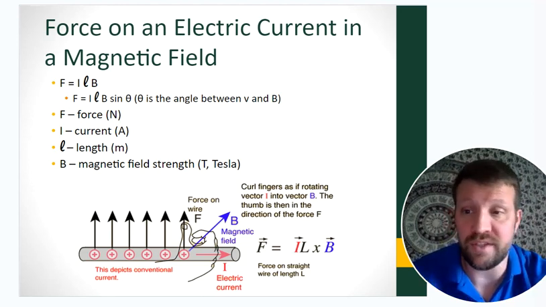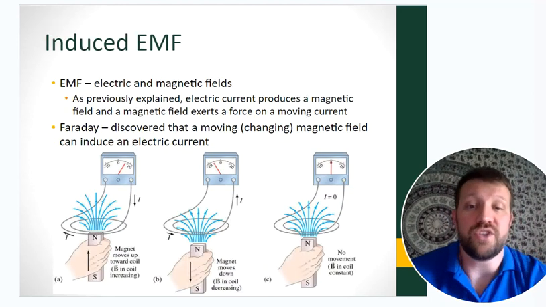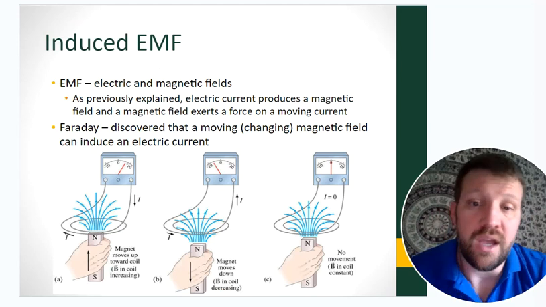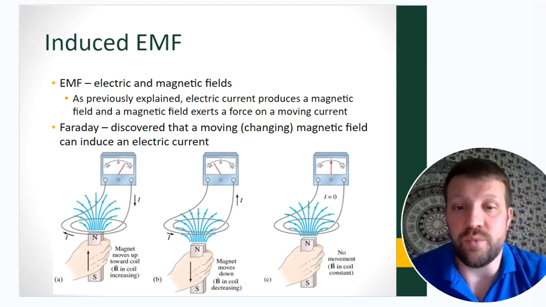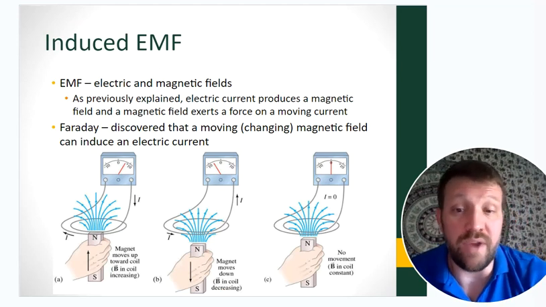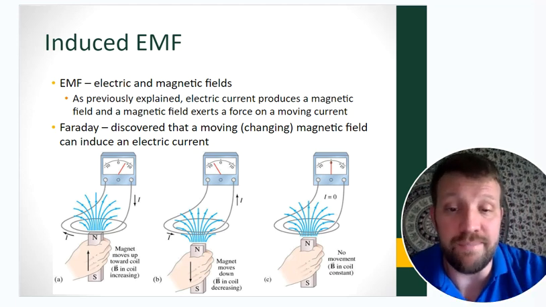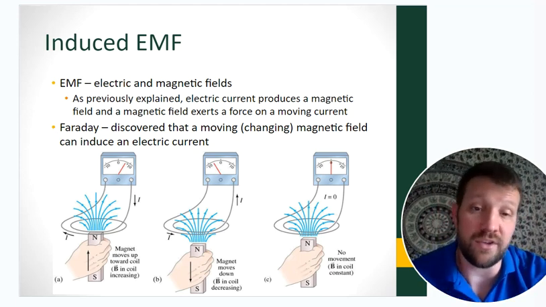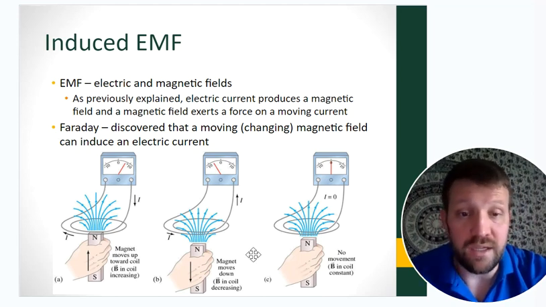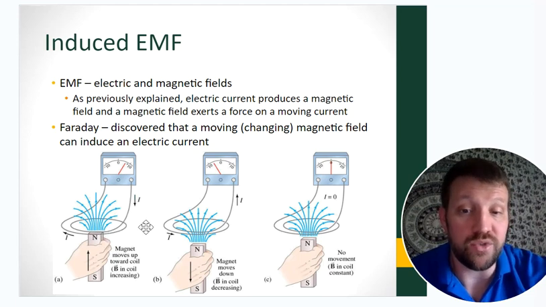Now, the important part of this is how we induce this. So electric and magnetic fields, or electromagnetic field, you might see as well. But as previously explained, this is what we care about and what we want to make sure we can do. If we take this magnet, and Faraday was the first person to discover this, moving or changing the magnetic field within this coil of wire will induce a current.